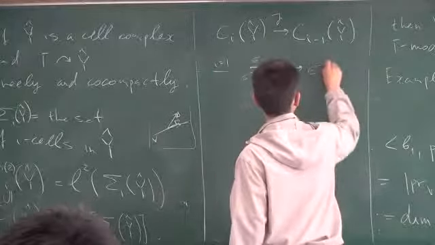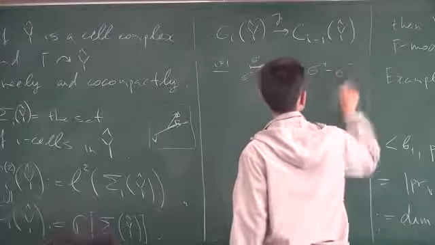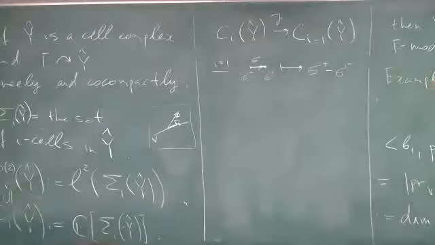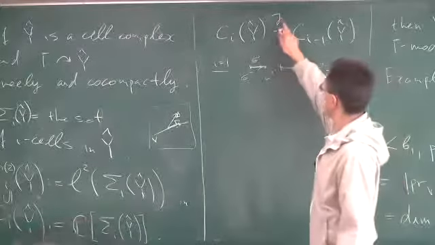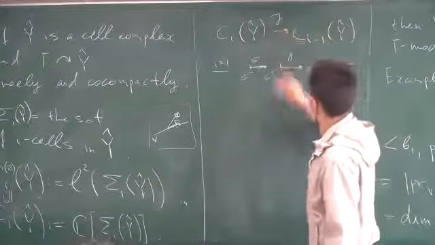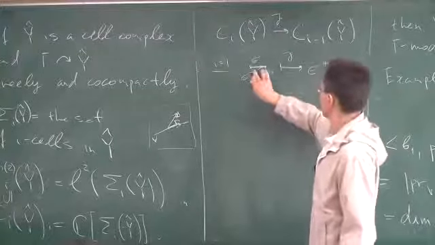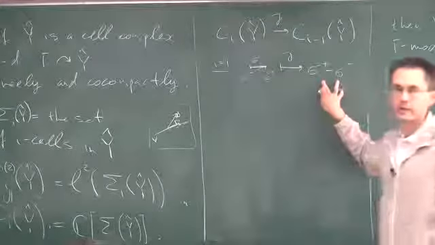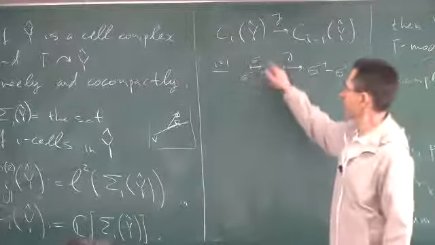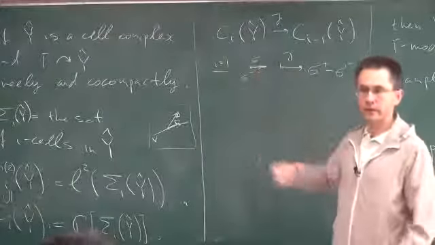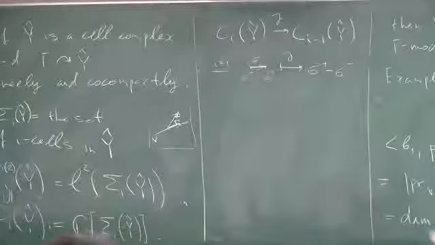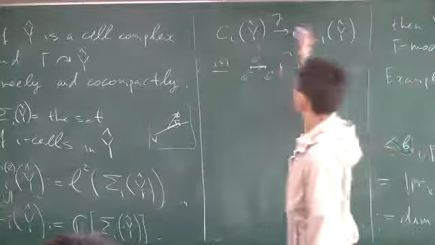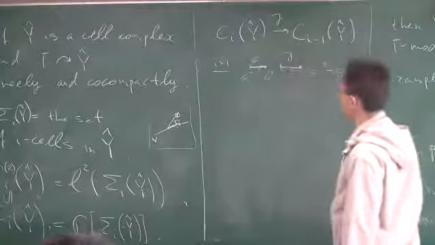Then you take sigma plus minus sigma minus, the difference of the two vertices. This defines the boundary map. The boundary map maps edges to differences like this. And then if you have a linear combination of such edges, you extend by linearity to a linear map.